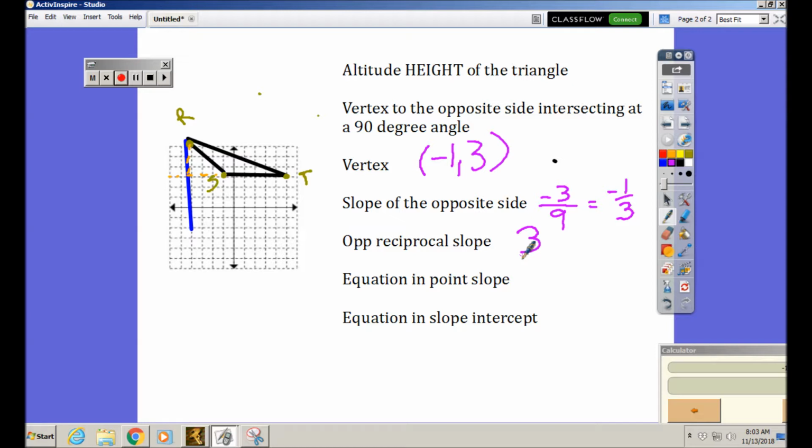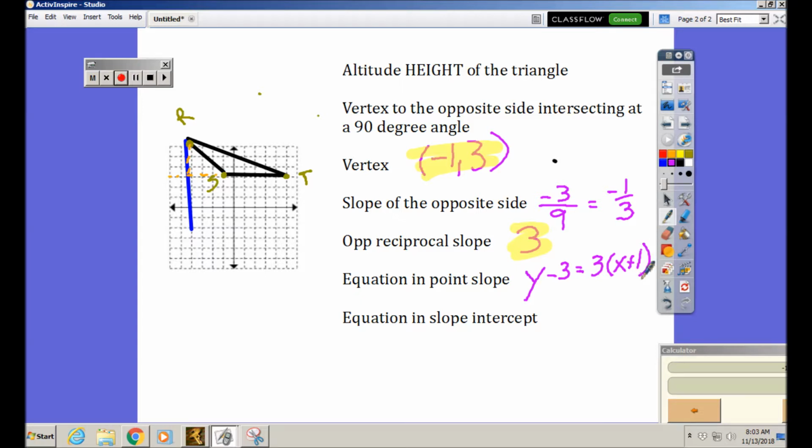Okay? So to write the equation in point slope form, I only have one point. I'm using the opposite reciprocal slope. So that's y minus 3 equals a slope of 3, x minus -1 is x plus 1.